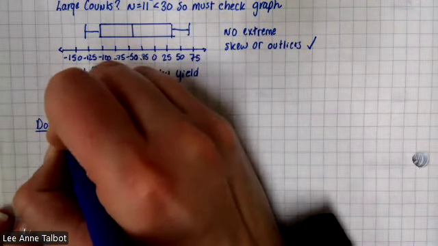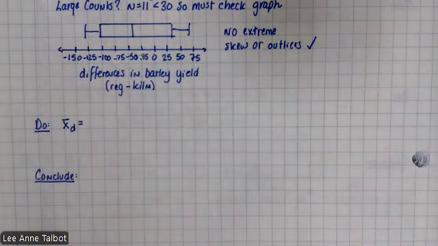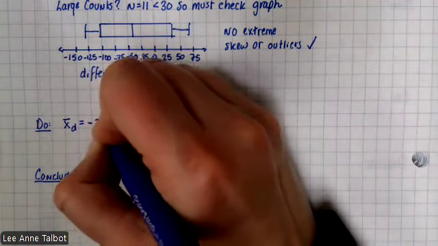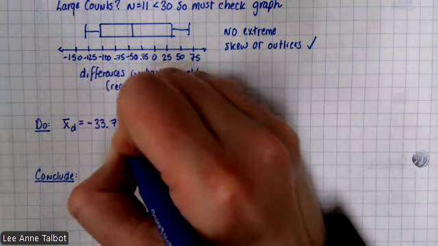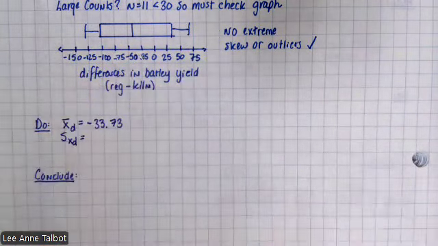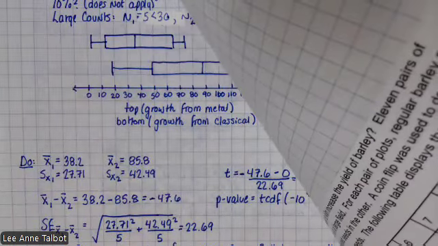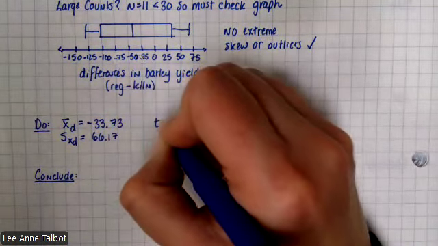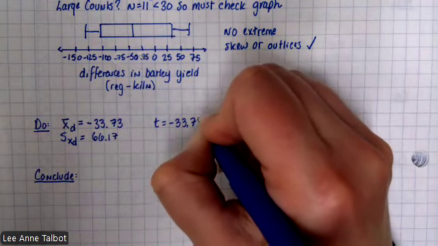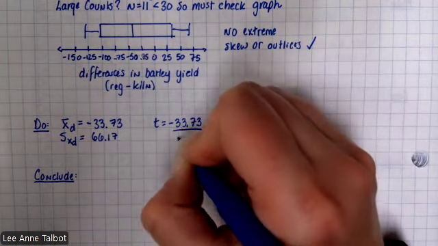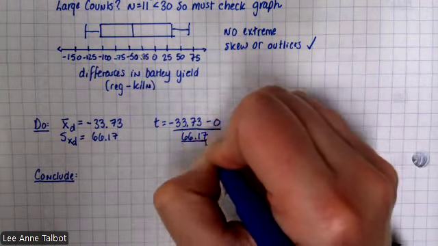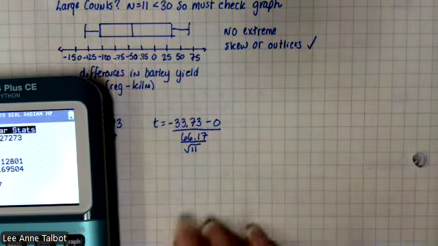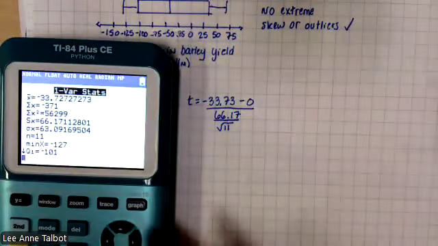So I got this from the 33 point. Uh, 66.17. So close. I'm so close.